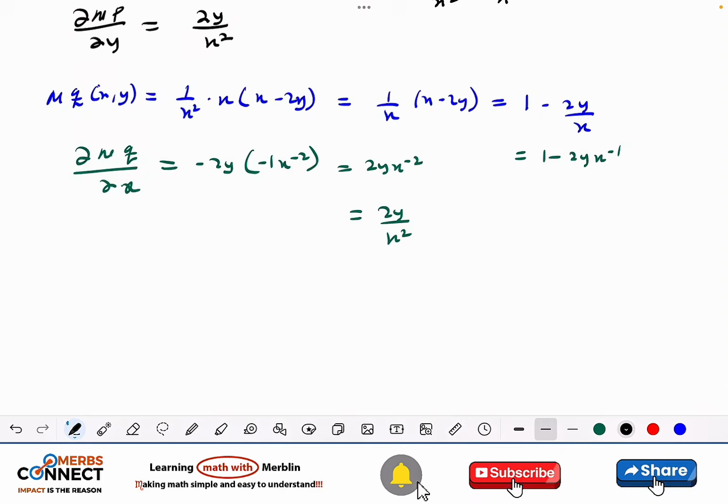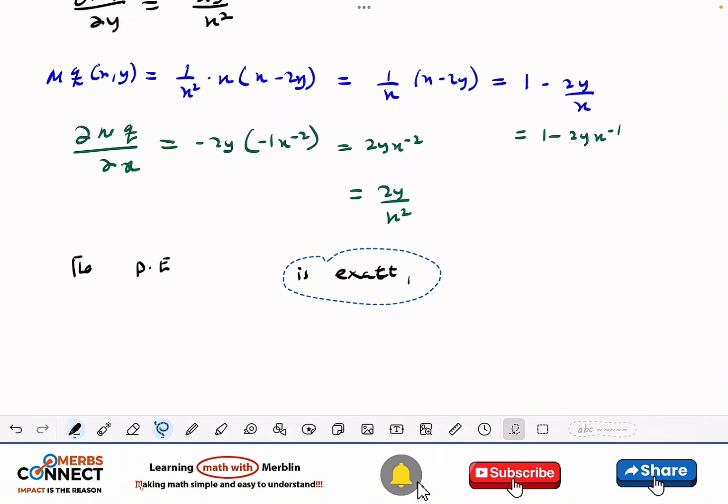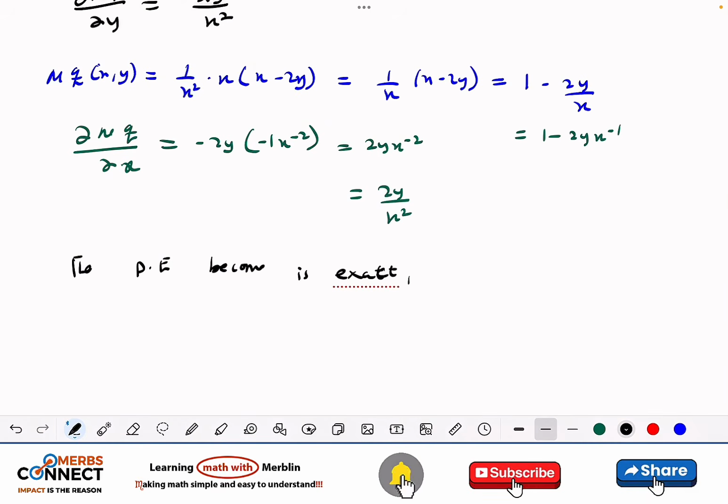Now we are saying that the differential equation is exact, or whenever we find the integrating factor, we can say that the differential equation becomes exact. Then partial of mu p with respect to y is the same as partial of mu q with respect to x, right?